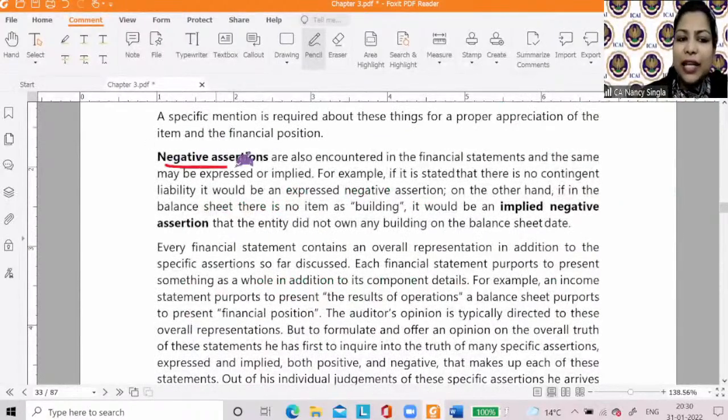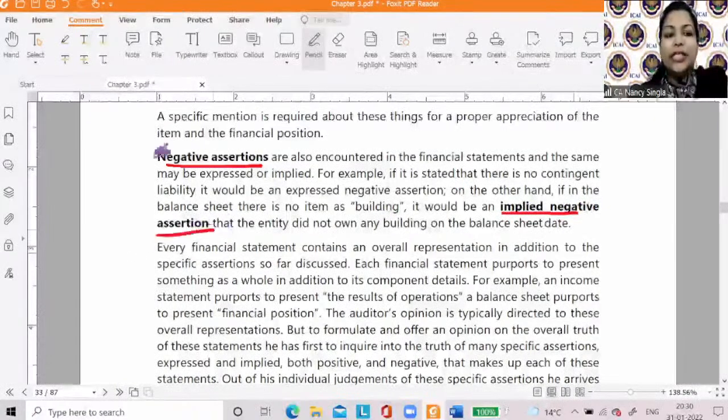Now, what are negative assertions? See, when furniture and fitting, nothing is mentioned, like furniture and fitting is not mentioned. What does that mean? That the company is not having furniture and fittings. So what is this? An implied negative assertion. Let me just repeat this example.